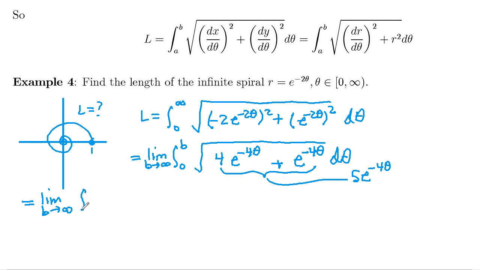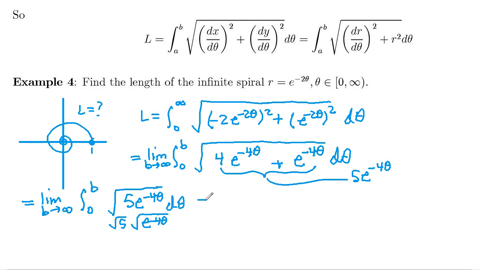So this would be integral from 0 to b, and then square root 5 e to the negative 4 theta d theta. So we can break this apart to root 5 and root e to the negative 4 theta. But the square root of e to the negative 4 theta is e to the negative 2 theta, because that's what you square to get this.